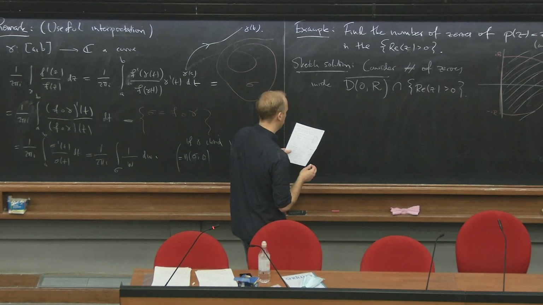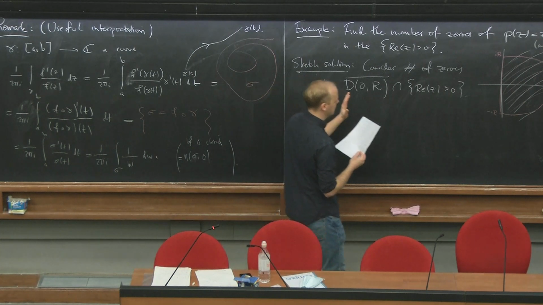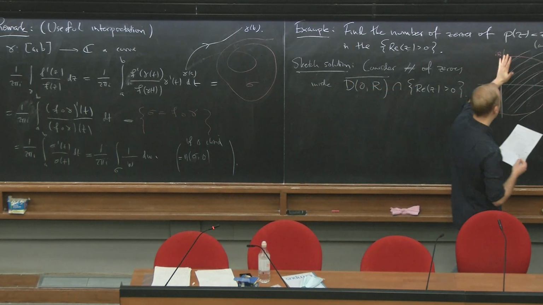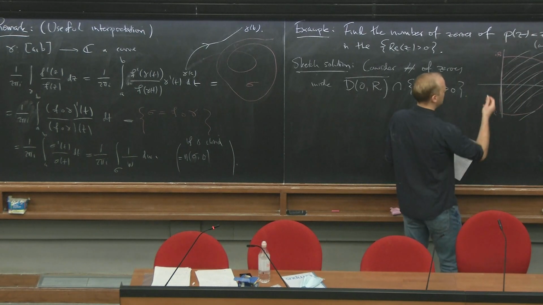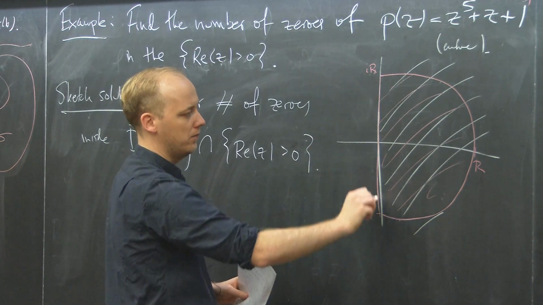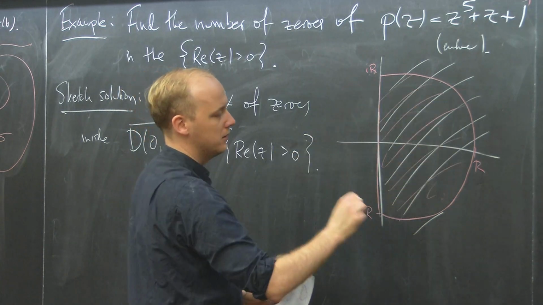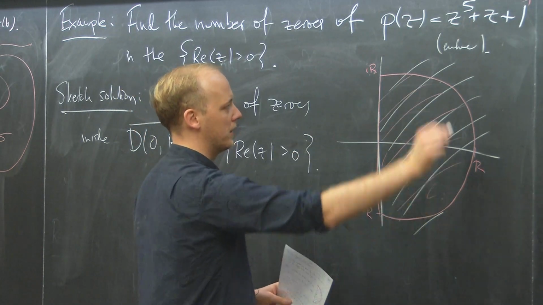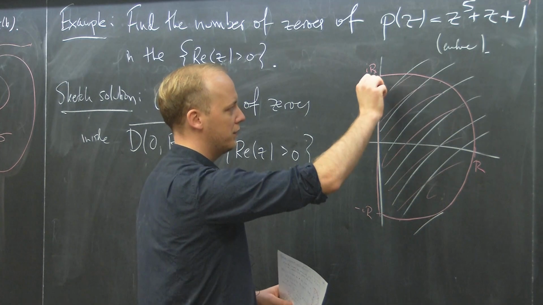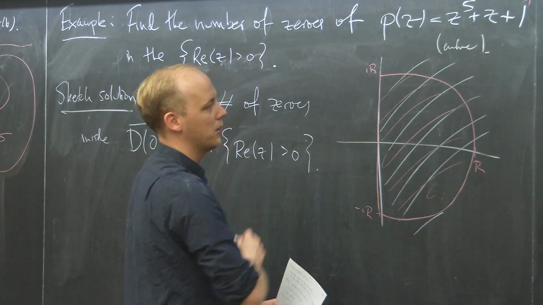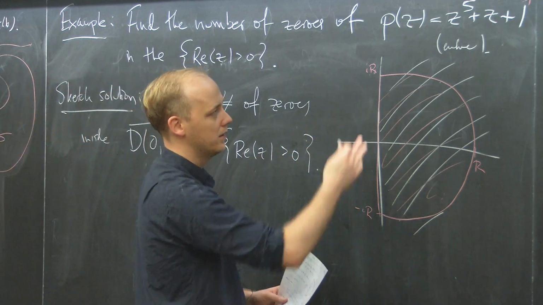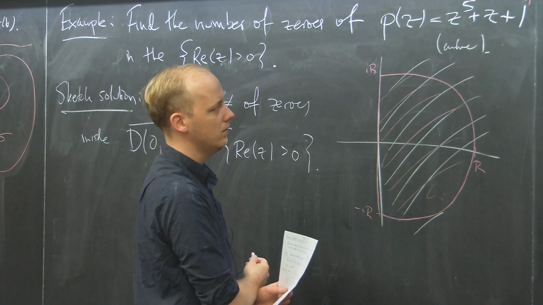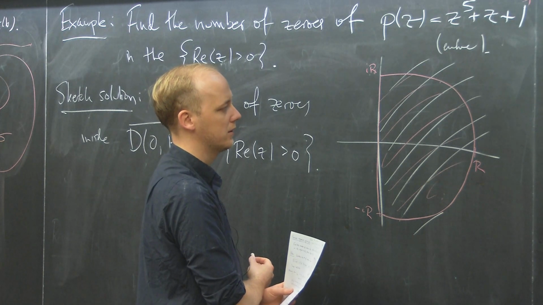And then we want to get a sense for what the image curve looks like, right? So this consists roughly of two parts. You have the curved part and then this straight line going down the imaginary axis. And then you have to see how the argument changes as you go along these curves.